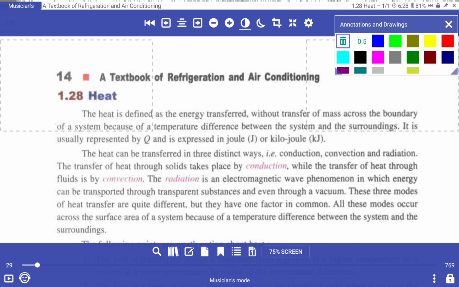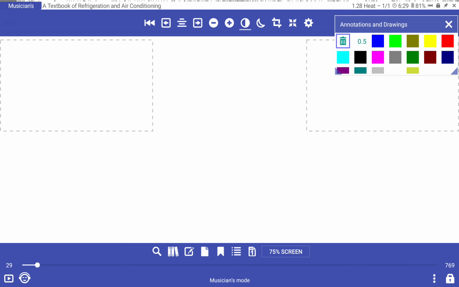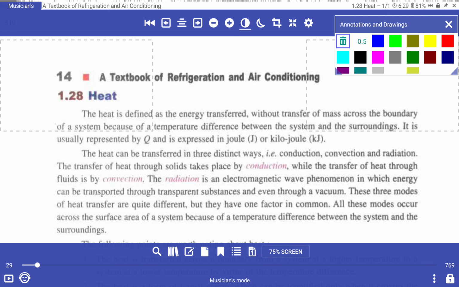Heat is defined as the energy transfer, transferred without transfer of mass across the boundary. Mass should not necessarily be transferred.